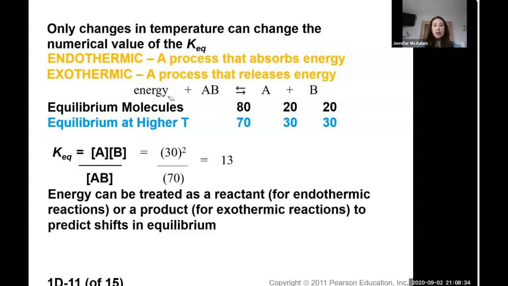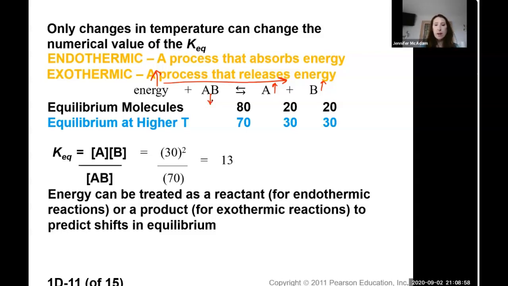So if you add energy to this, just like we did before, that means it's going to shift the whole reaction over to products. And so therefore our products will increase. So the concentration of our products will increase and the concentration of our reactant will decrease because the whole reaction is going to shift the other way.